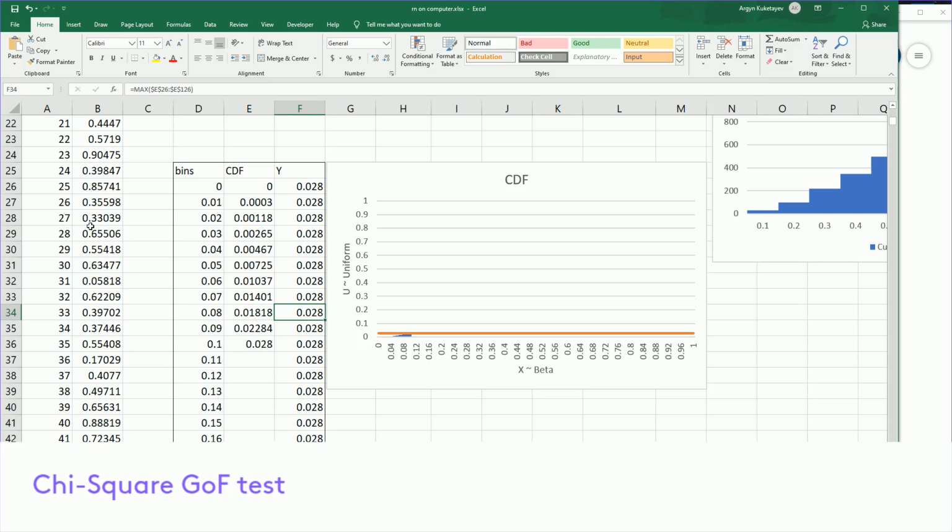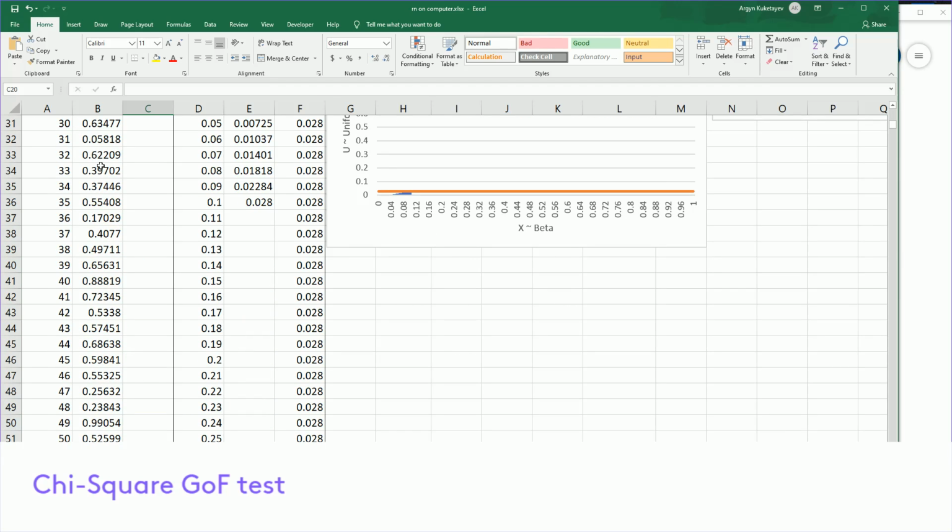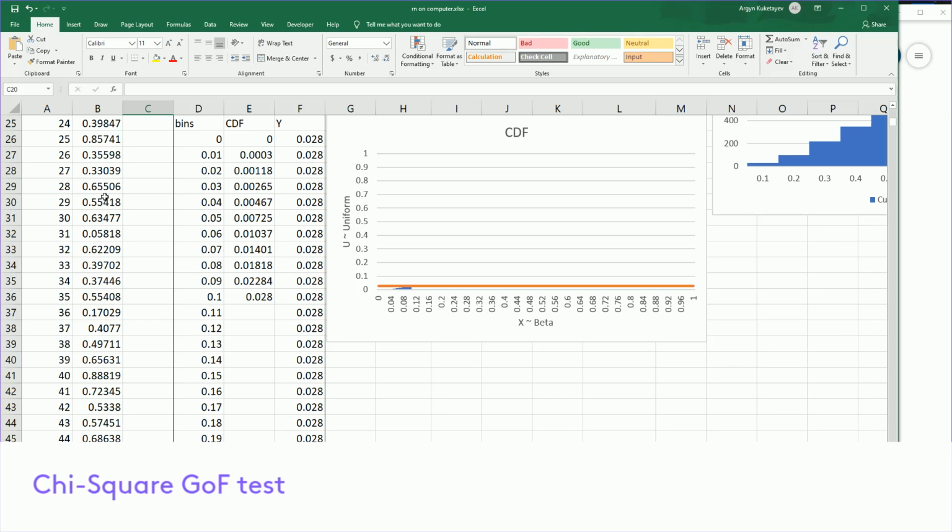Here in column B, look at the formula. I'm using the same inverse CDF approach, which I have a video on. This is the beta inverse CDF, the inverse cumulative distribution function of the beta distribution, and I'm using these parameters. In column B, I generated these beta distributed random numbers.